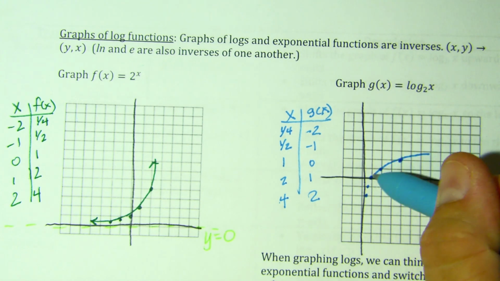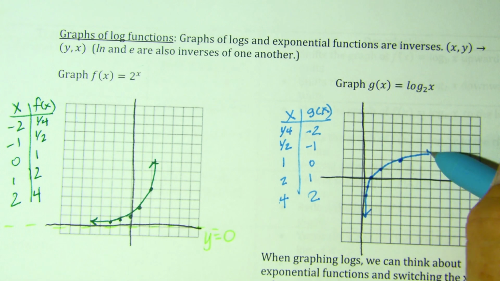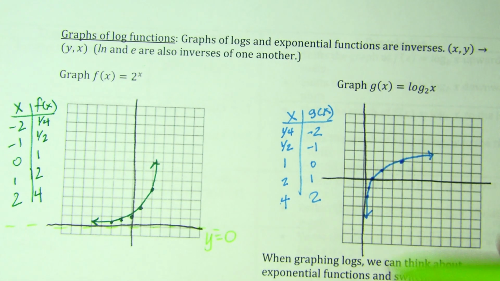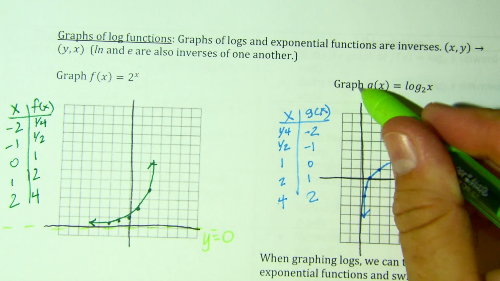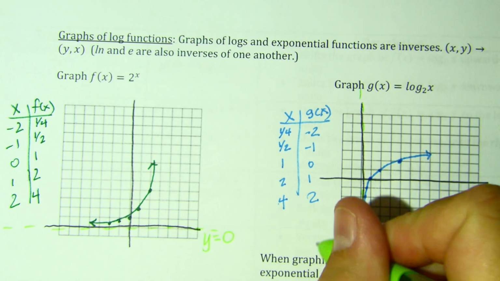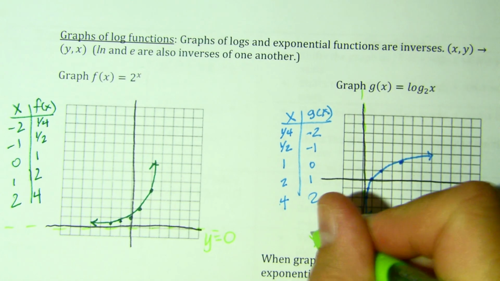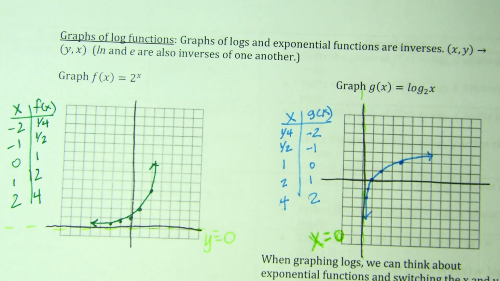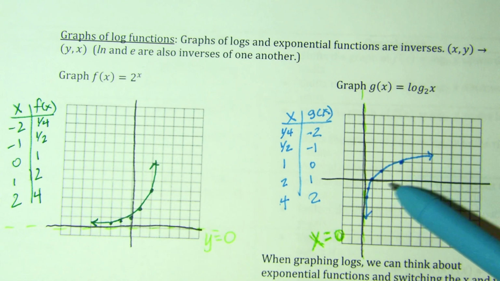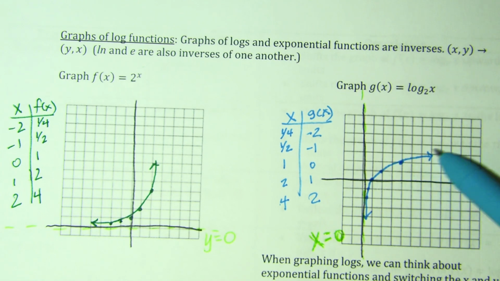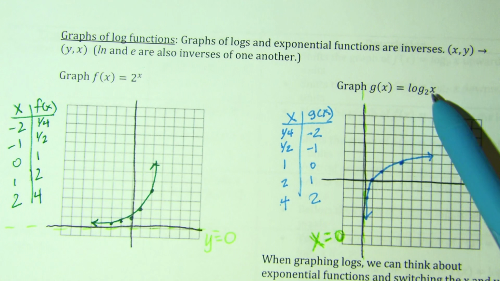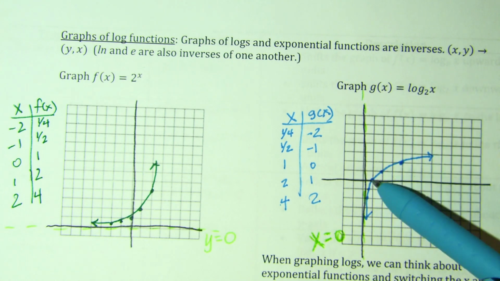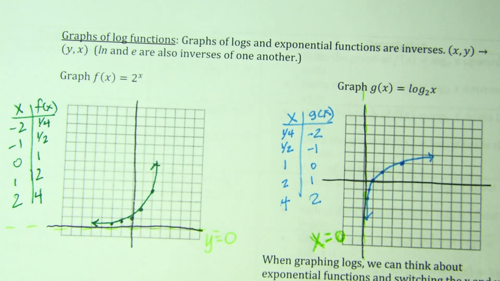And that gives me my graph. Now, instead of having a horizontal asymptote, I have a vertical asymptote at the y-axis. That's x equals 0. From here, my graph continues to go up this way and then down this way. Remember, with logarithms, we can never plug in 0 or negative values, so it makes sense that we would have a vertical asymptote there because we can't plug in anything on this side.